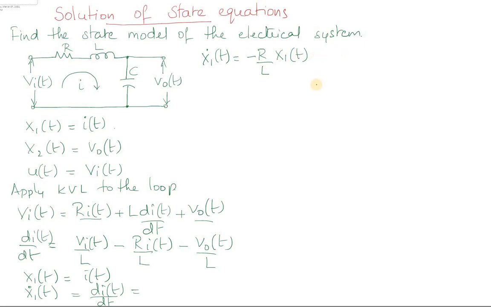Then we have x2 of t term. So x2 of t is V naught of t. So in place of V naught of t, we will put minus 1 by L, and V naught of t is x2 of t. Then we have the other term, that is Vi of t by L, but Vi of t is the input, that is u of t. So we'll write this as 1 by L into u of t. So this is the first equation.